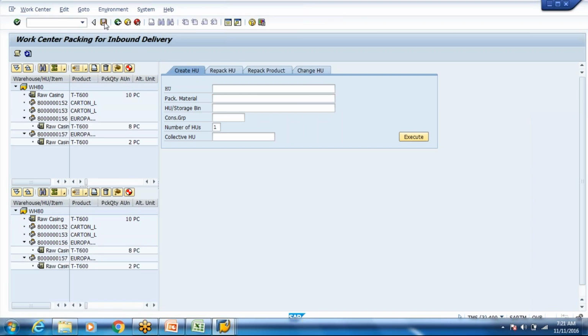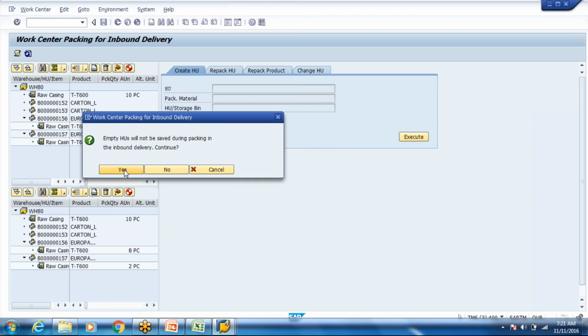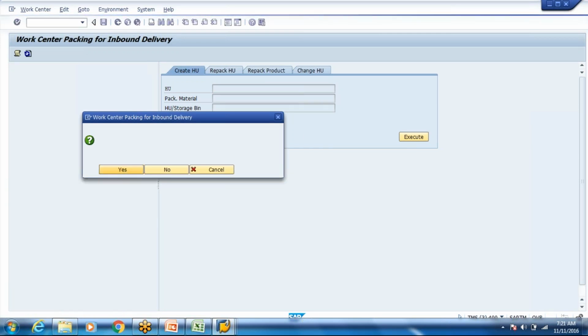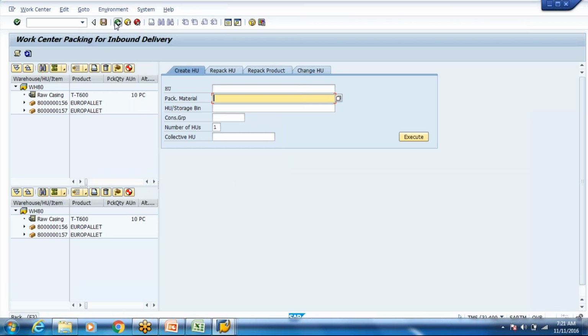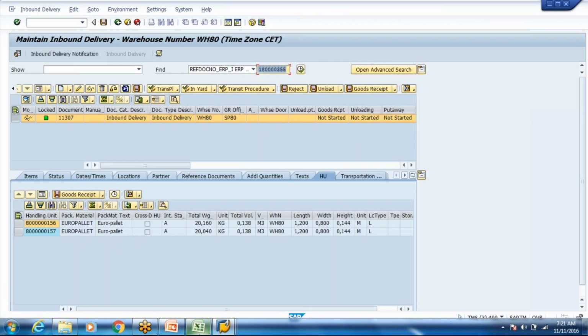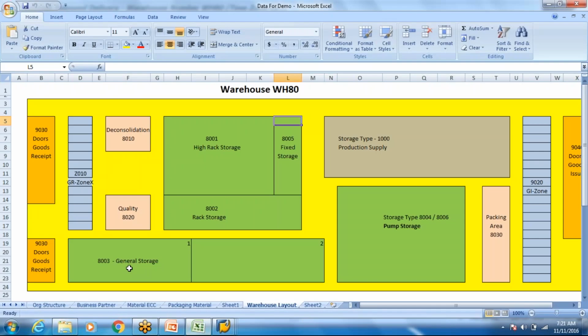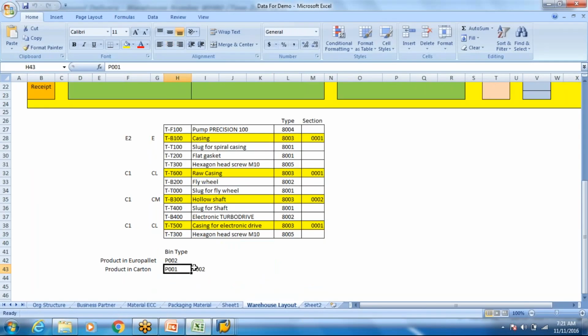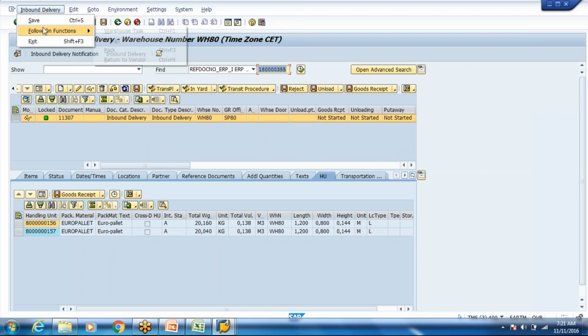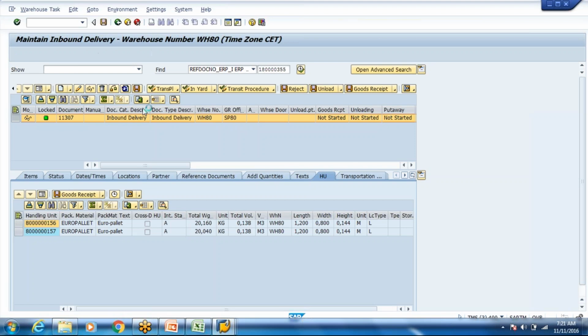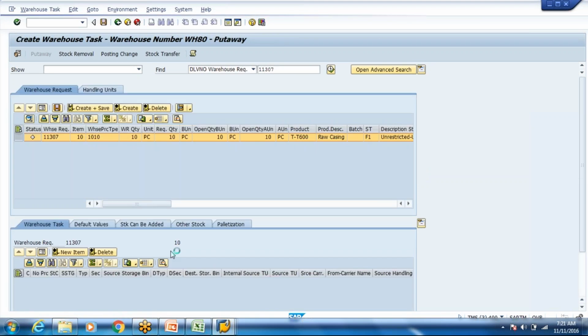Just packing the product into Euro palette just to save time. So let's say this product comes into Euro palette. Our strategy was Euro palette should go into P002 kind of bins. So here I go, warehouse task, create.